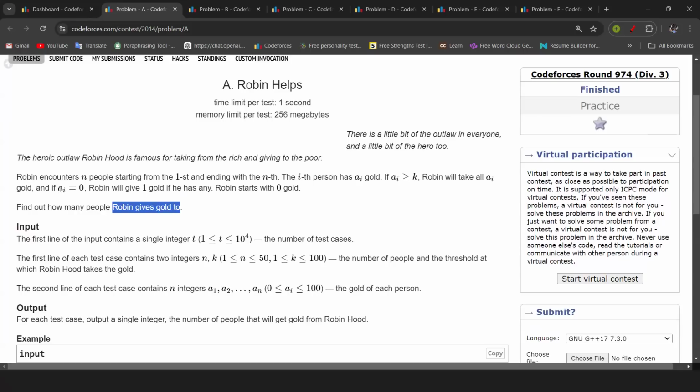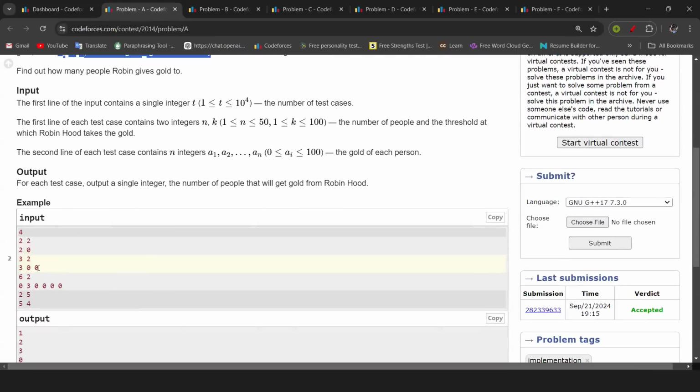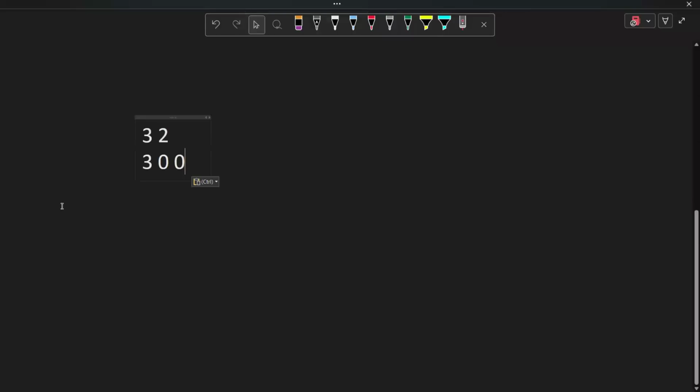So we have to follow this sequence and find out how many people Robin gives gold to. We just need to count the cases where Robin gives a gold to any person. Like if we see the second test case, here we are given n and k. We are given the array 3, 0, 2, and k equal to 2.